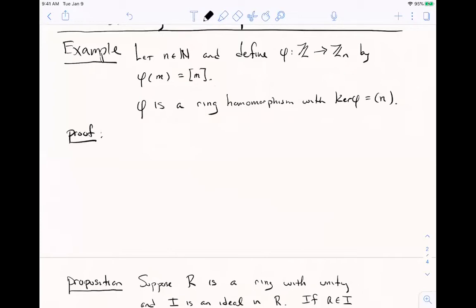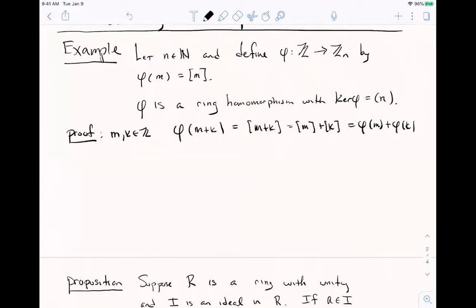Let me try to prove that claim to you. First of all, if we take two integers, say m and k, in Z, we can look at phi of m plus k, and by definition of phi, that's the class containing m plus k. Addition mod n is well defined, so that class adds like this, and that's precisely phi of m plus phi of k.